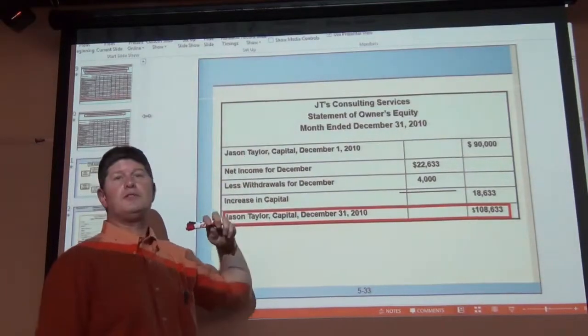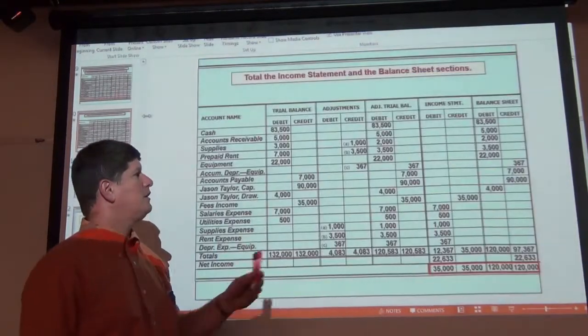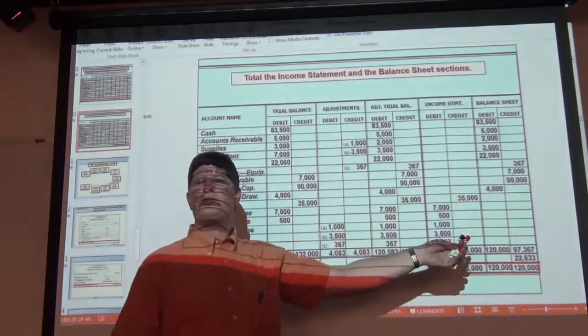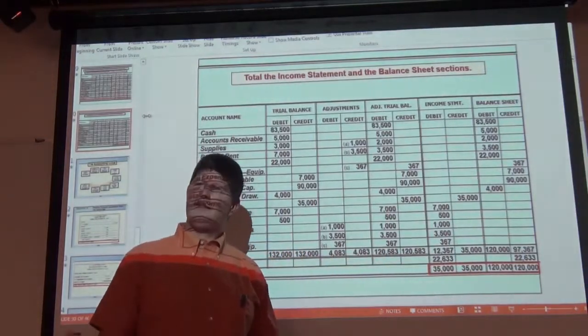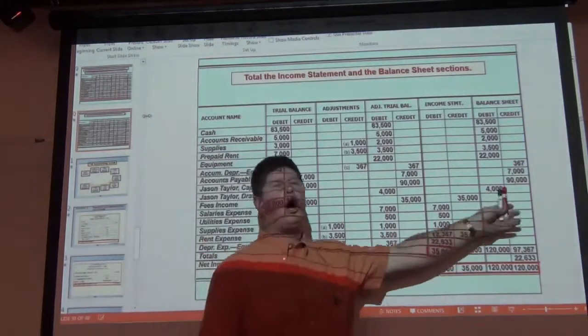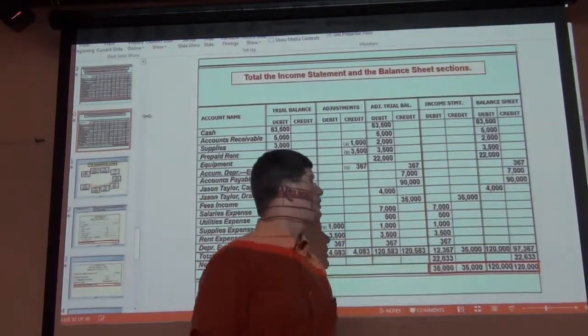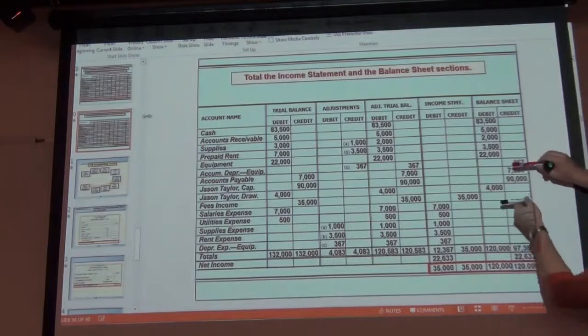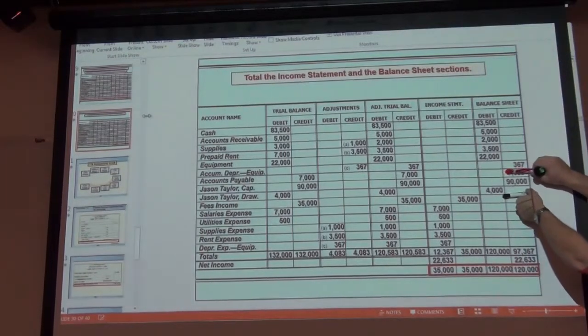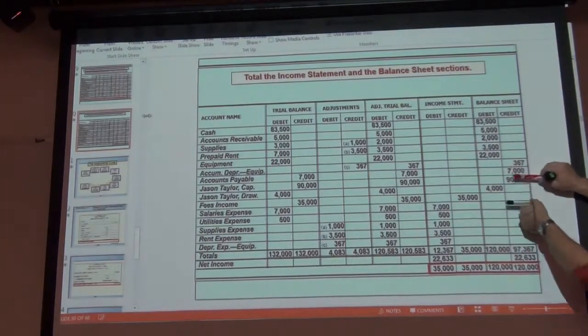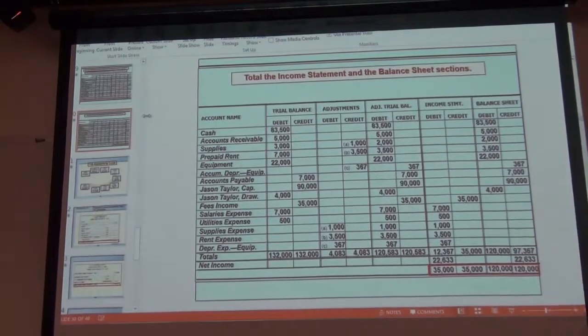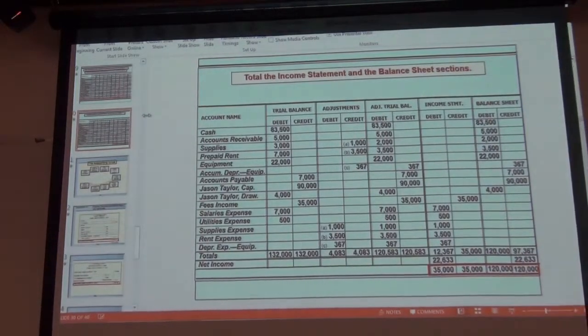Okay. Statement of owner's equity. Is there help for the statement of owner's equity here? Yes, but it doesn't have its own column, like we have income statement and balance sheet. But we do know that all of the statement of owner's equity stuff comes right in the middle with the capital and the draw and net income, correct?